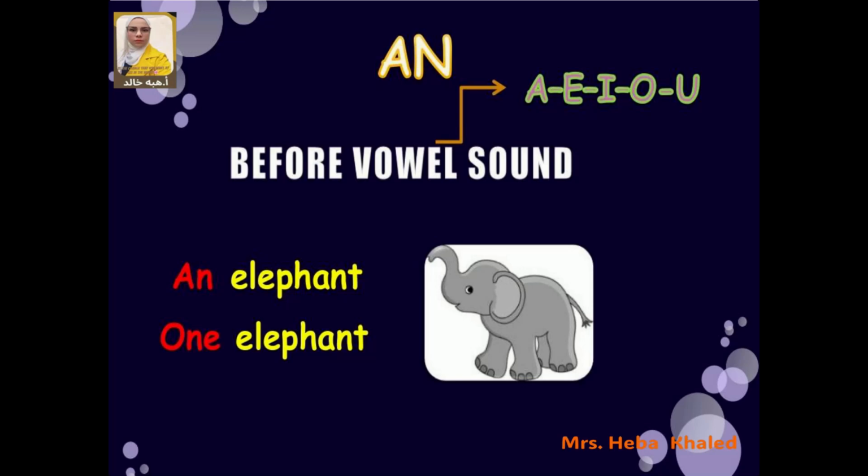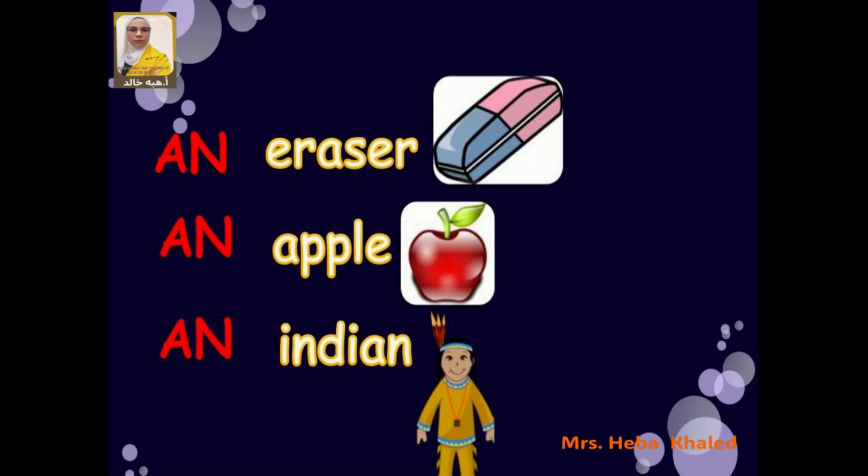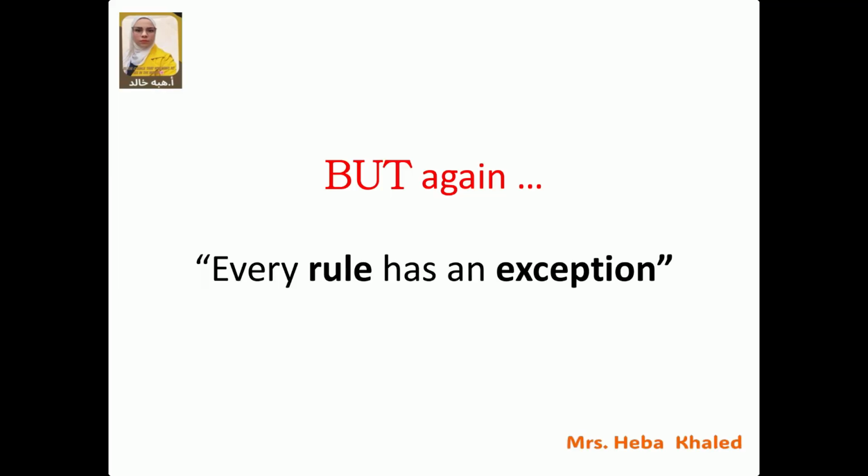So before a vowel sound, like A, an apple, E like an elephant. Okay, we have I, we have O like an orange, we have U like umbrella, we have igloo, for example. So, an eraser, an apple, an Indian.